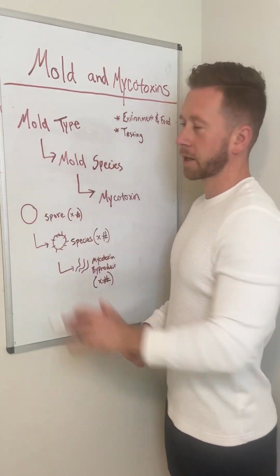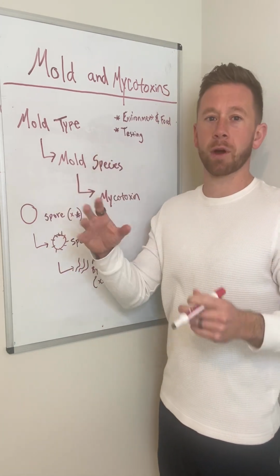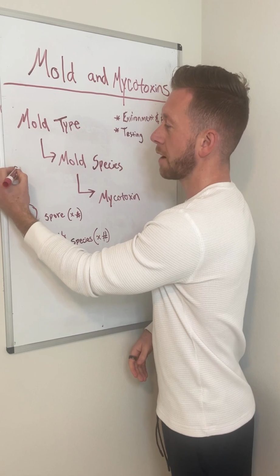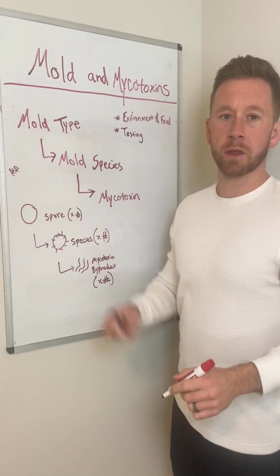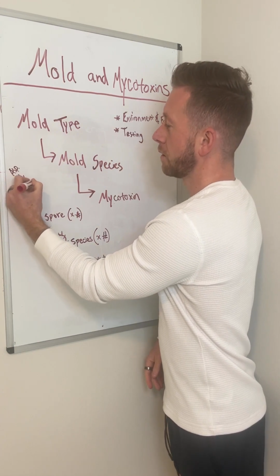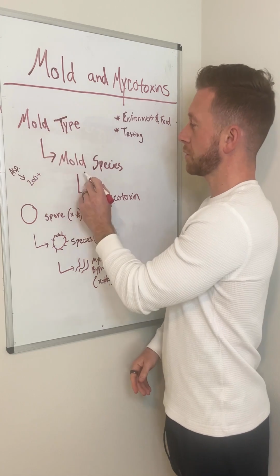But think about it like this. The mold type is kind of the main name of the mold. So let's just say Aspergillus, for instance, maybe one that a lot of people have heard of. Aspergillus would be the mold type. Under that mold type, there's 200 plus different species of that Aspergillus mold type, okay?